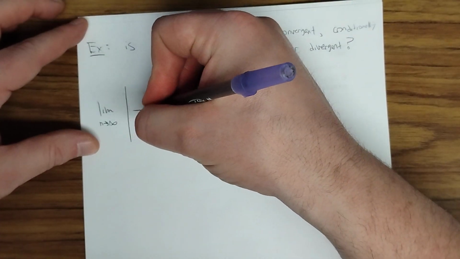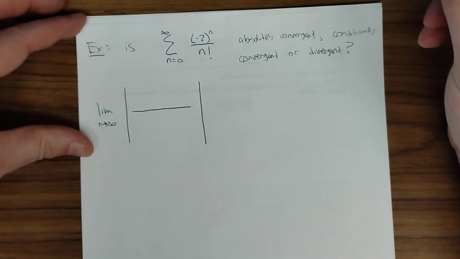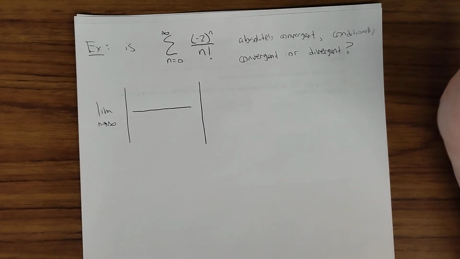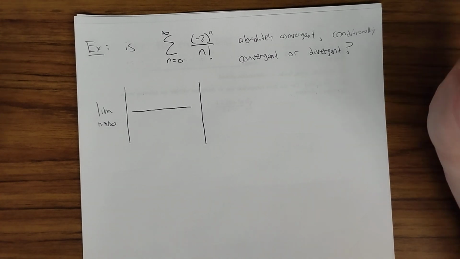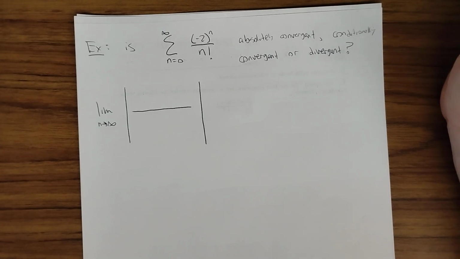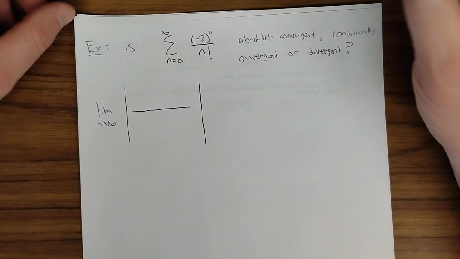So I'm going to use the ratio test again. I'm eventually going to show you an example with the root test, but let's use the ratio test again. I'm also going to explain when you use the ratio test and when you use the root test. But for now, let's just go ratio test.